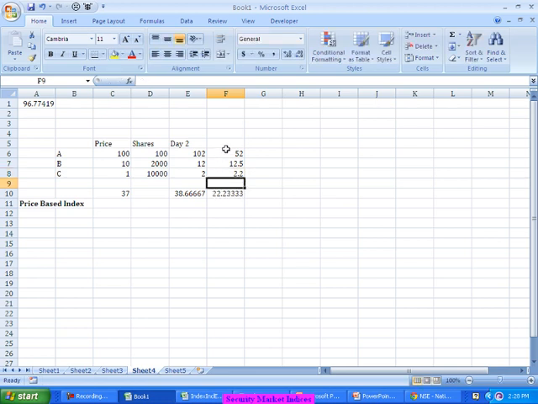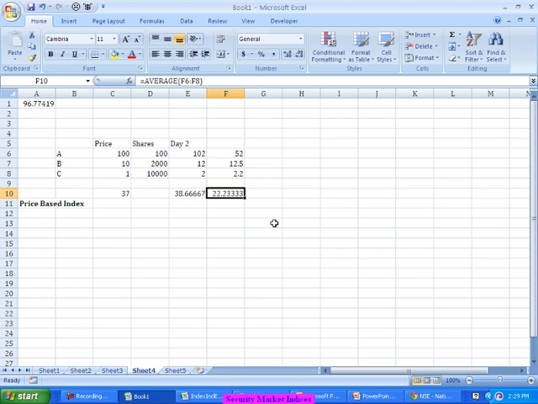So logically speaking, all the stocks have gone up. This has gone to 12.5 from 12. This has gone to 2.2 from 2. This has actually gone to 104. So all of them have actually gone up, but my index is showing that it has gone down, because the index is a reflection of the market. Now the meaning is completely changing.